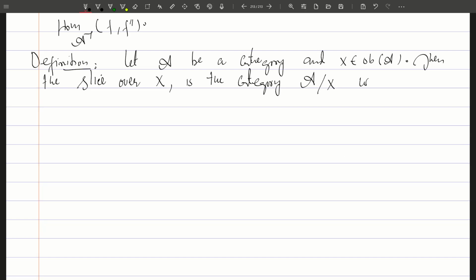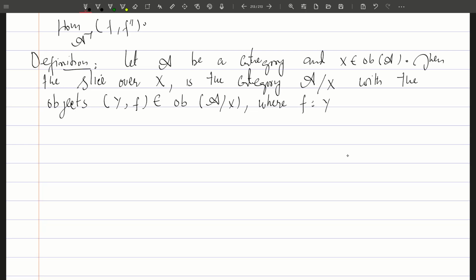The objects in this category are pairs (y, f), where f is a morphism from y to x.